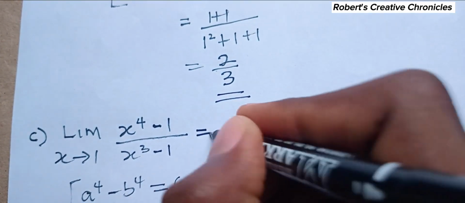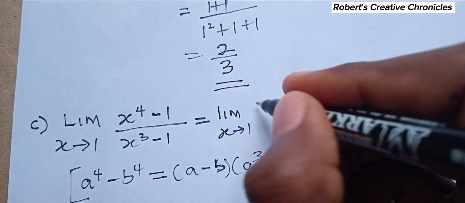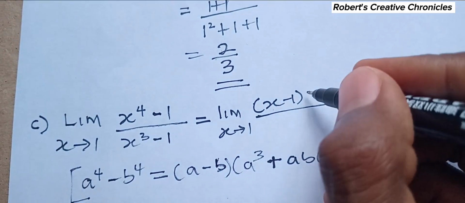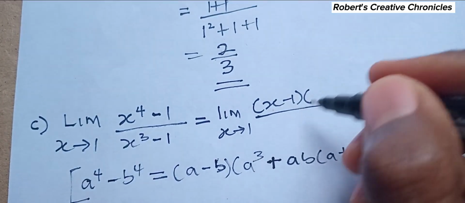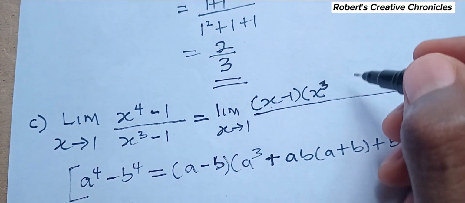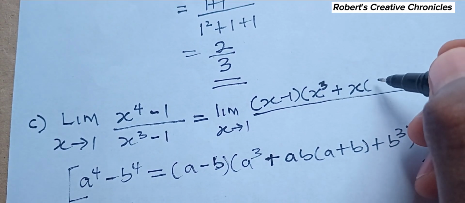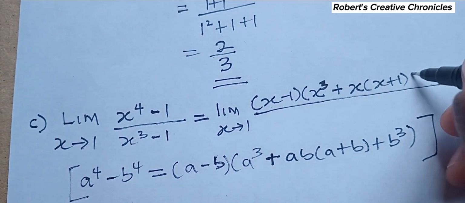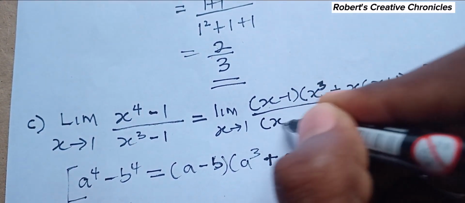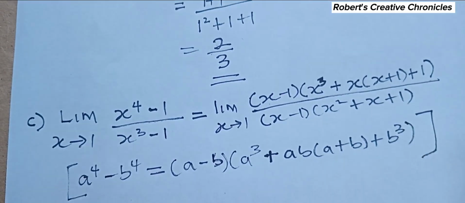Now let's express it. Limit as x approaches 1 then becomes x minus 1, then a cube is x cube, plus the product x times 1 is x, the sum is x plus 1, then b cube is 1 cube, which is 1. Then the denominator is x minus 1, x squared plus x plus 1.